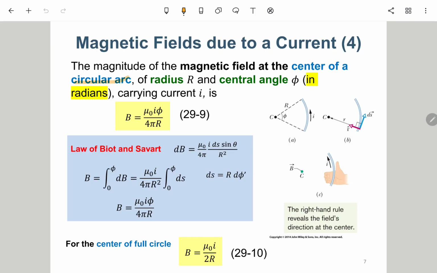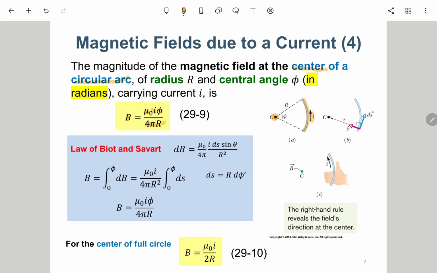Here, if it is a circular arc, this is I. So the B field generated at the center, only at the center point, can be expressed with this expression, which is B equals mu 0 I phi over 4 pi r.